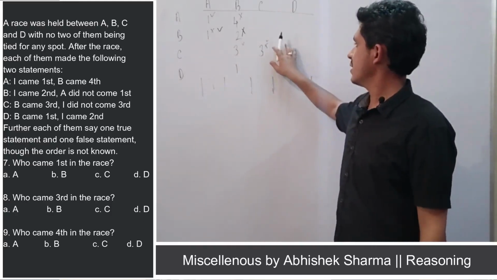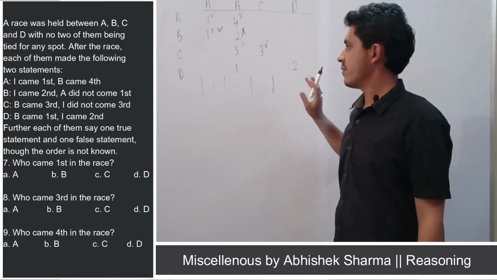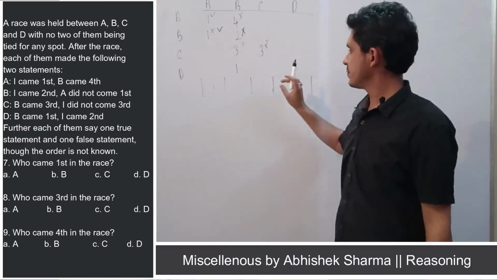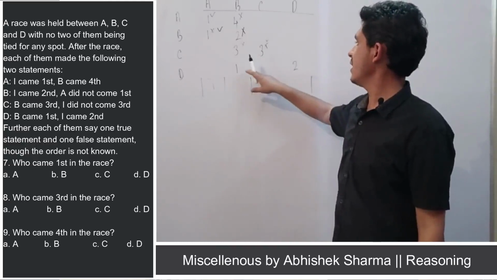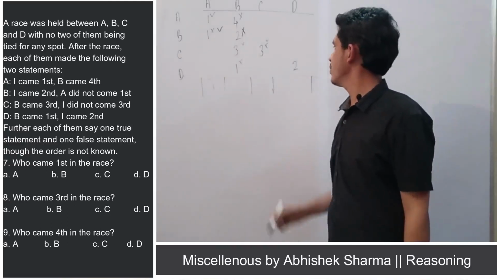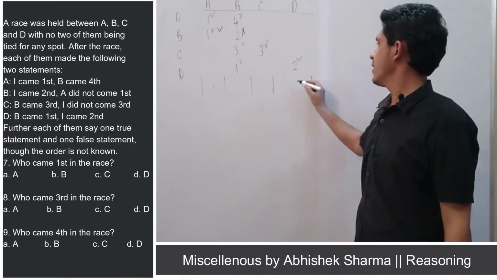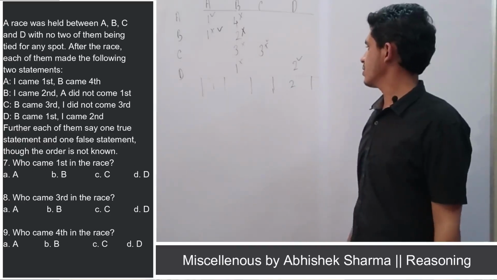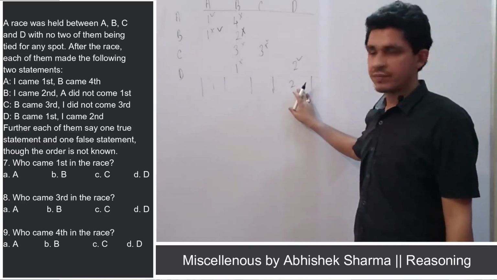Thereafter, if we check for D, D is saying that B came first and I came second, that means this statement should be wrong and this statement should be true. That means the order should be here, right?